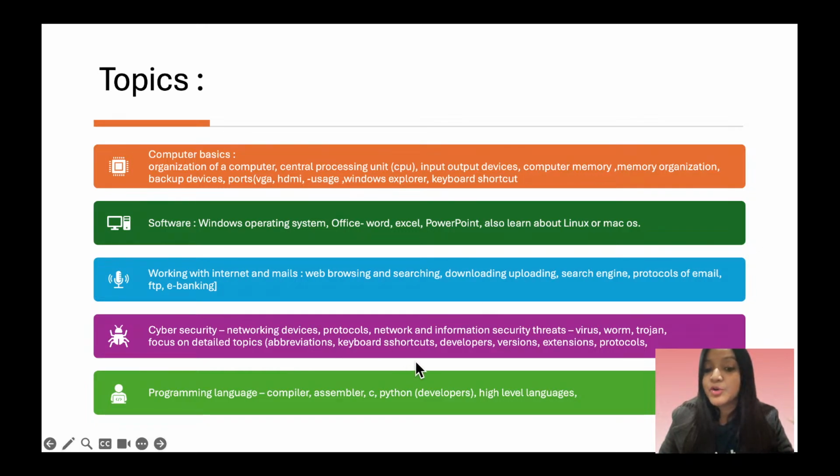Abbreviations, keyboard shortcuts, developers, versions, extensions. Developers, if I say, have knowledge about the persons who have developed the things, starting from the history of computers, right? There are many things like father of computer science, father of internet, etc. Father of computer and father of computer science is not the same, two different persons.